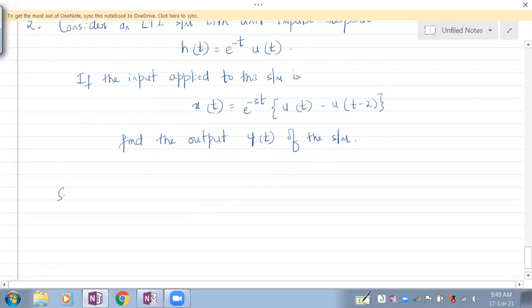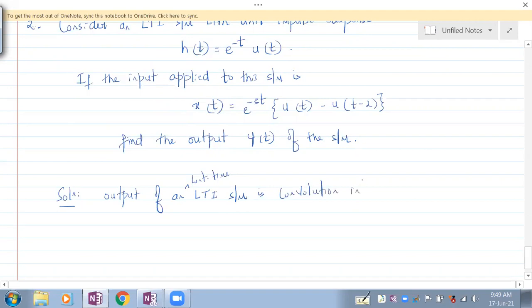Therefore, in the solution, the output of a continuous time LTI system is the convolution integral.